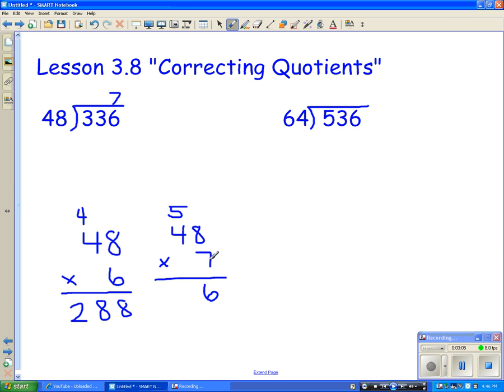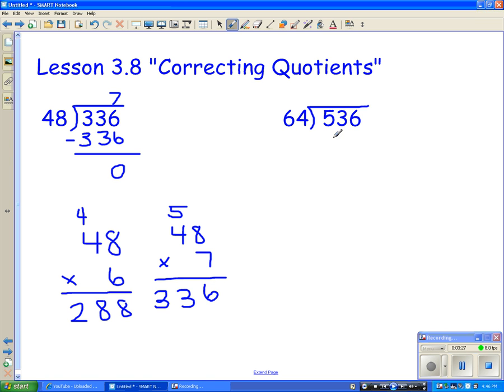And then if I do 7 times 4 plus 5, I end up with 33. Put that right under here and subtract. 336 minus 336 is 0. I have nothing to bring down and I have nothing left under here, so my quotient is 7.